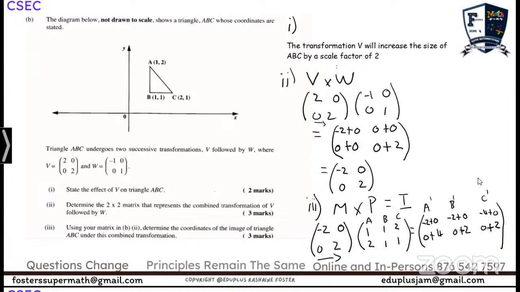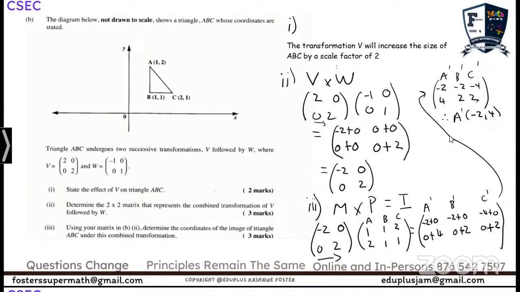So therefore, let me just put the final answer up here. A prime, B prime, C prime is negative 2, negative 4, negative 2 on the top row, then 4, 2, 2. You can write it out in coordinate form. A prime is negative 2, 4. What is B prime?